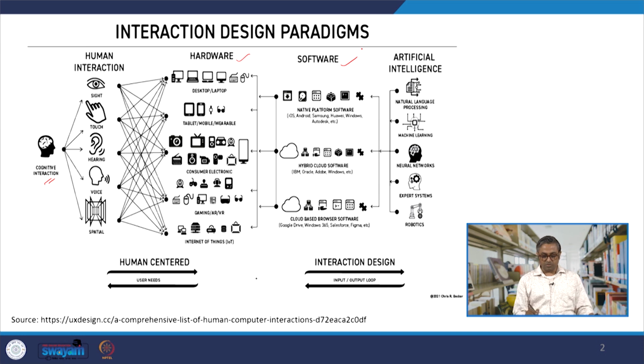The interaction among them also helps us in understanding artificial intelligence: how we can come up with artificial intelligence in a neural network, building an expert system, robotics, machine learning, and natural language processing. This has to be the human-centered approach. Based on the way humans and computers are interacting, this is also interaction design and interaction-oriented design, and here it is human-oriented design.